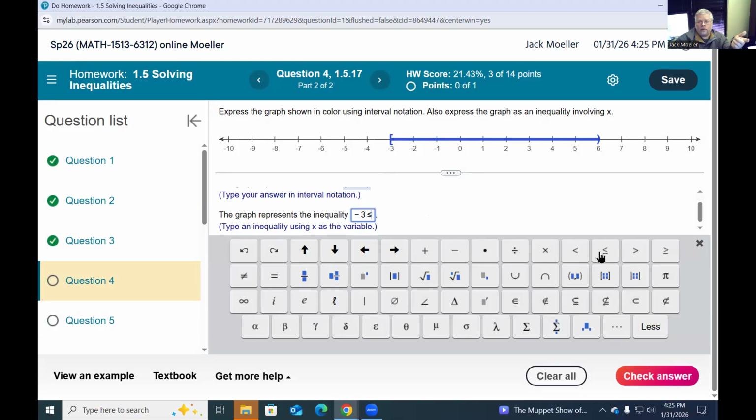Bracket, so it's less than or equal to. So x is in the middle. And then for the 6, there's a parenthesis, so there's no equals, so we just use less than. These could both be less than or equal to, they could both be less than, or it could be one of each. It depends on the graph.